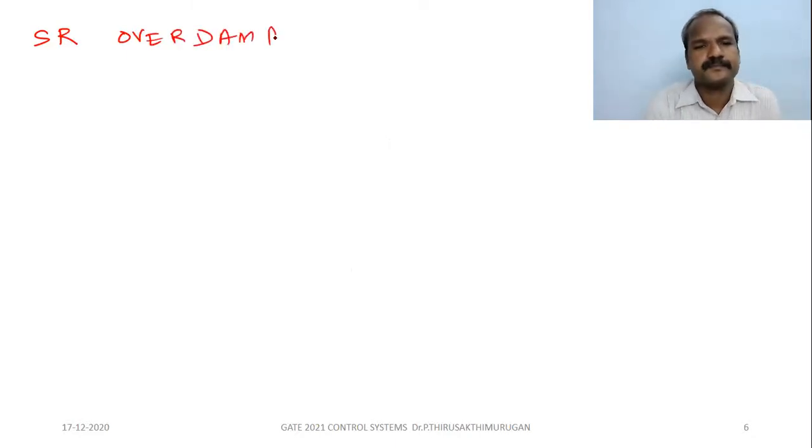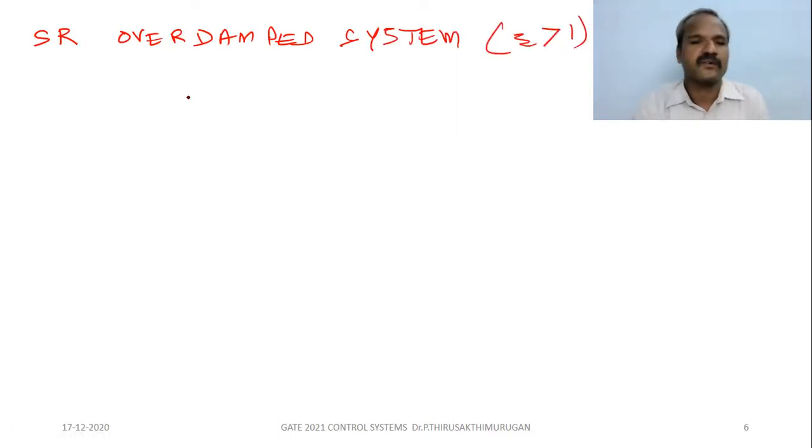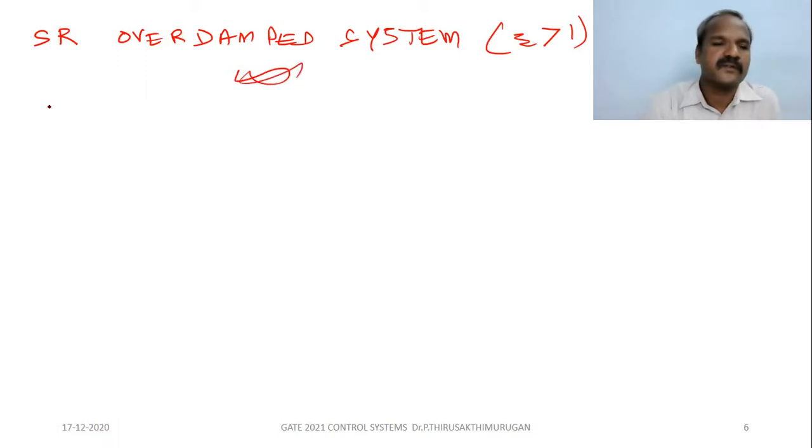So next is step response of over damped system. What is over damped? Over damped is when zeta is greater than 1. We have to find c of t at zeta greater than 1.